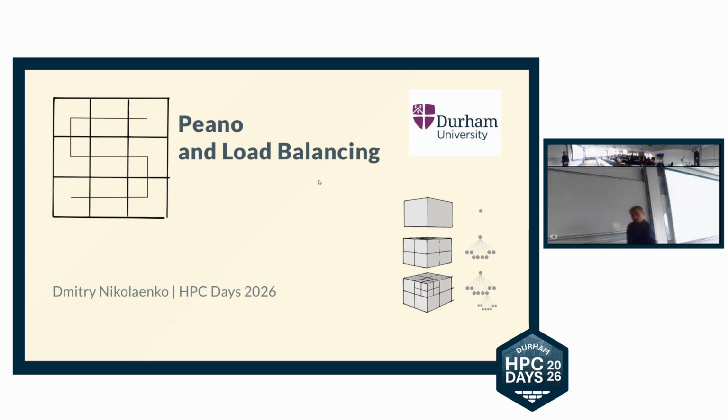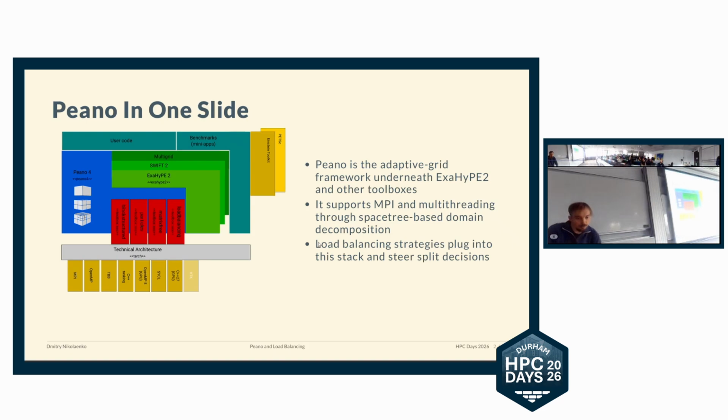As I said, Peano is an adaptive grid framework underneath several tools, such as Hide and Swift, for working with partial differential equations and particle simulations. It has lots of modules which support the work of Peano.